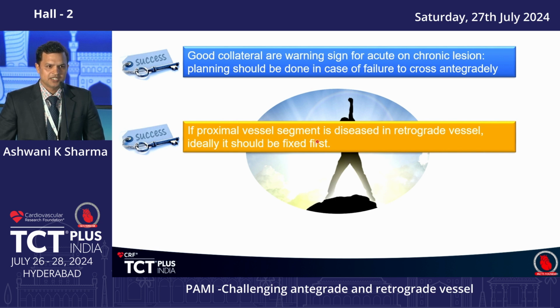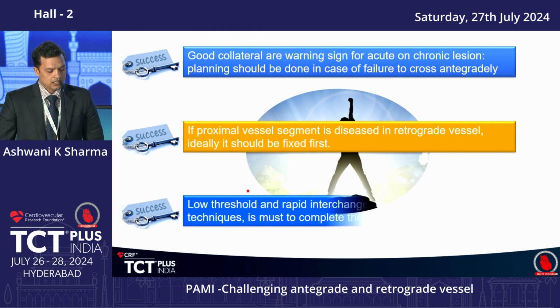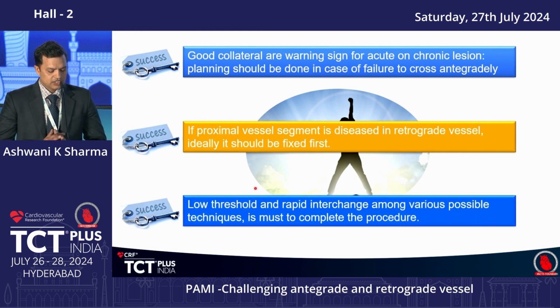But there were many concerns, so first I tried to revascularize the RCA. And a low threshold and rapid interchange among various possible techniques is a must to complete the procedure in a timely fashion without complication. And definitely the IVUS not only helped in deciphering the lesion but also in the optimization of the outcome.